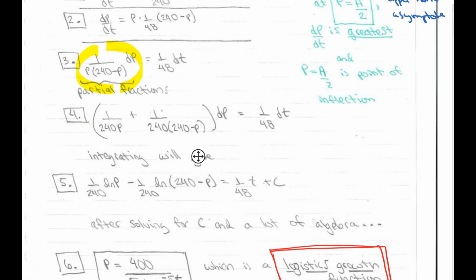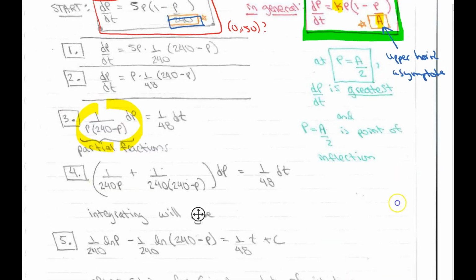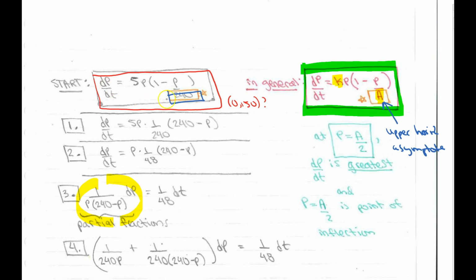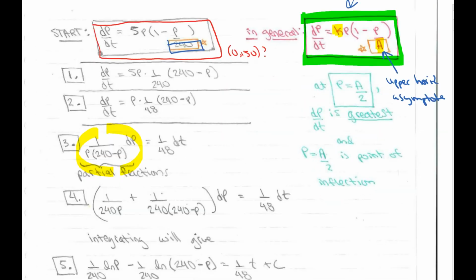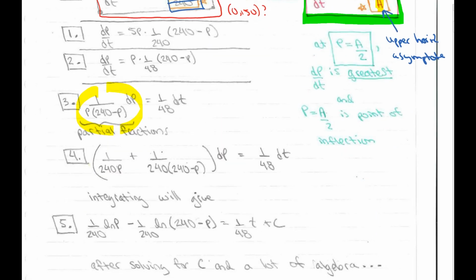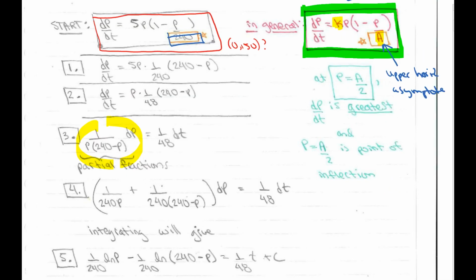You're going to want to notice a couple of things. You want to recognize when a differential equation is in this logistic growth function form. You're also going to want to recognize how to manipulate it into this form so you can find A. The other critical feature is that once you see the upper asymptote, at y equals half of A, dP by dt is greatest.